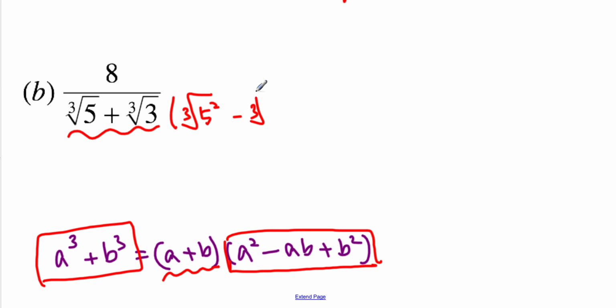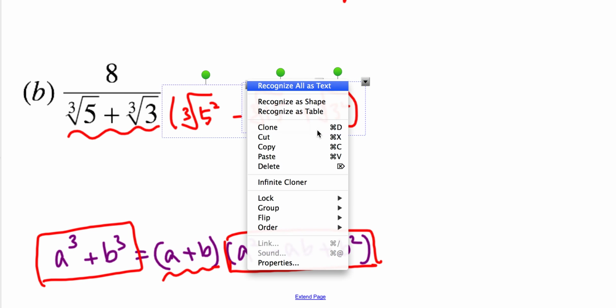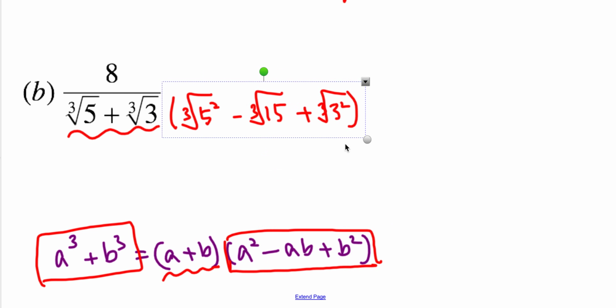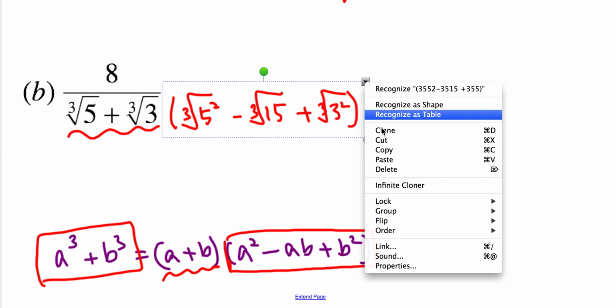So cube root of 15, because we're multiplying these two things, plus cube root of 3 squared. So I am multiplying that to top and bottom.